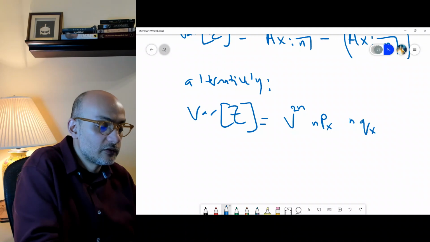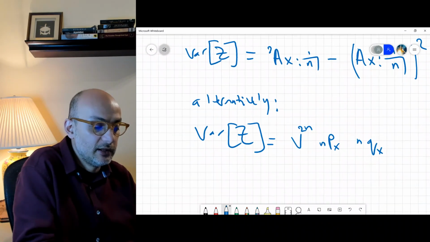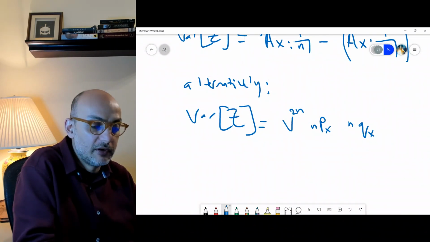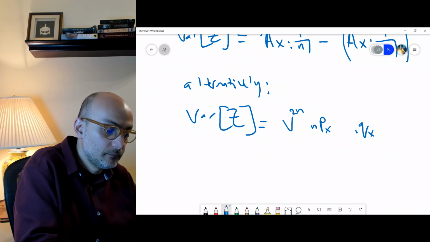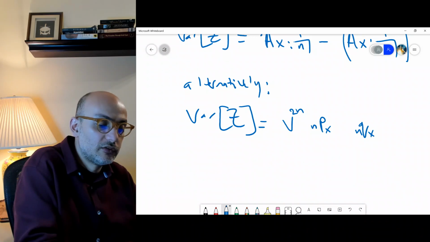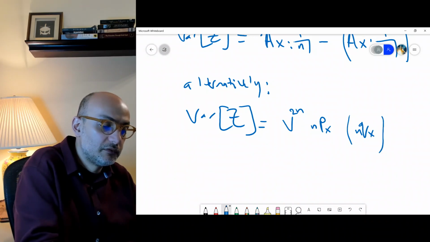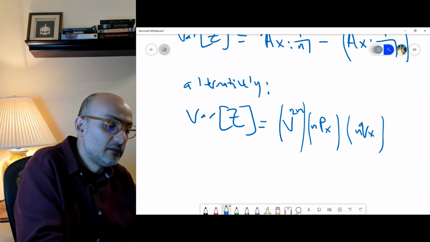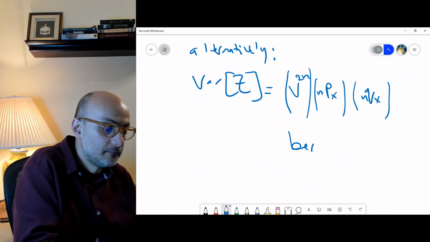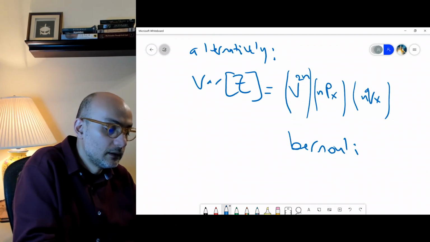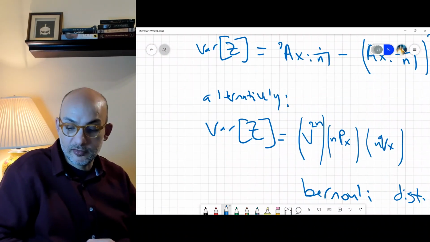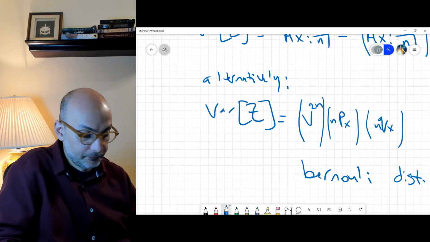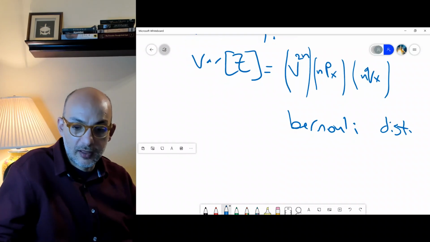So there are two ways you can calculate it. One is the probability to survive multiplied by the probability of death, multiplied by the value squared. If you remember the Bernoulli distribution, because it satisfies the Bernoulli distribution, we can use this relationship. Let's take an example on this one.